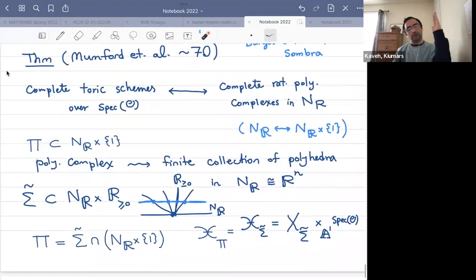A toric scheme over a DVR is a usual toric variety which you can degenerate in a one parameter family to 0, and it may degenerate into a union of toric varieties. So it's the data of a toric variety together with a one parameter degeneration of it. That's how you can think about a toric scheme.